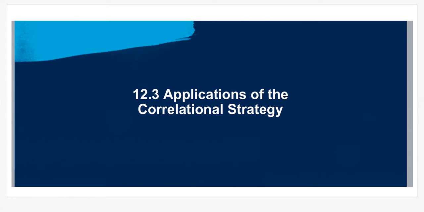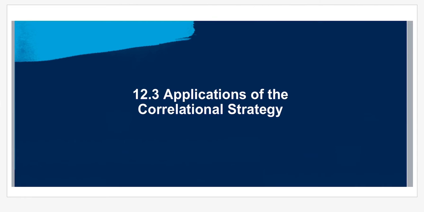Basically, it's about how you can use correlations for three different purposes: for predictions, for measuring the reliability and validity of a measurement or a tool, and for evaluating theories. Those are the three examples that we're going to discuss in this section.